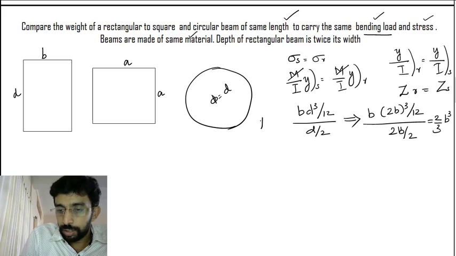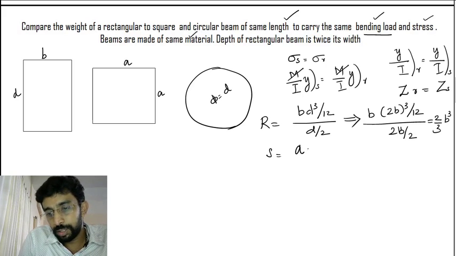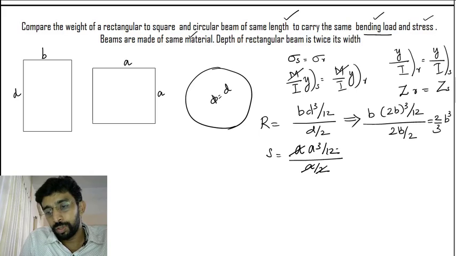Now this is for the rectangle. For the square, it is breadth into depth cubed by 12 divided by depth by 2, so upon cancelling this, we get a cubed by 6.